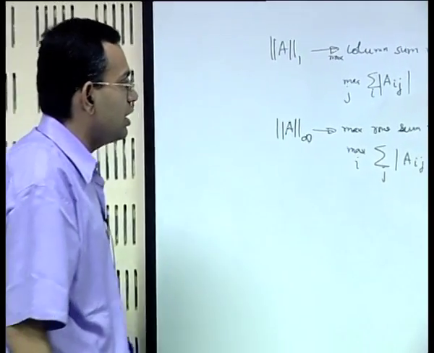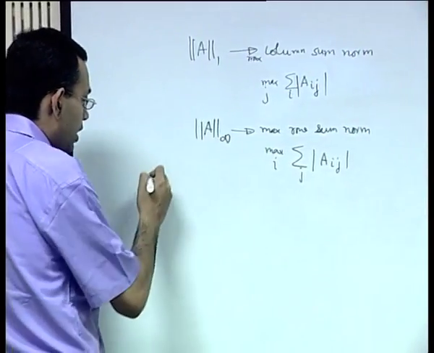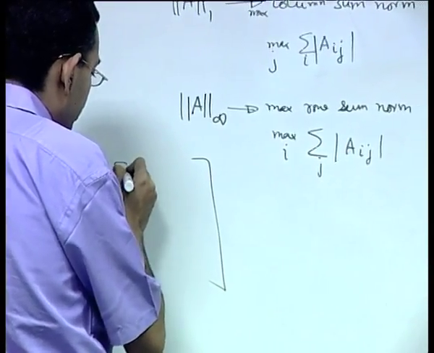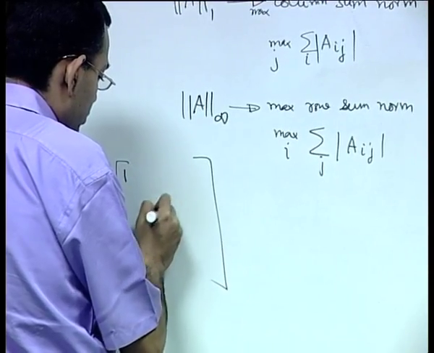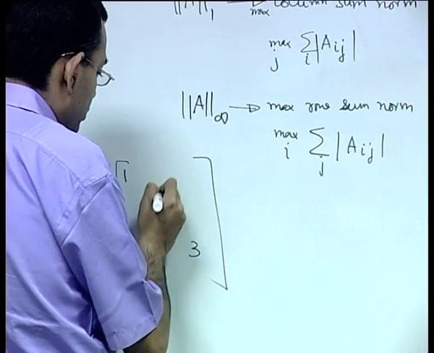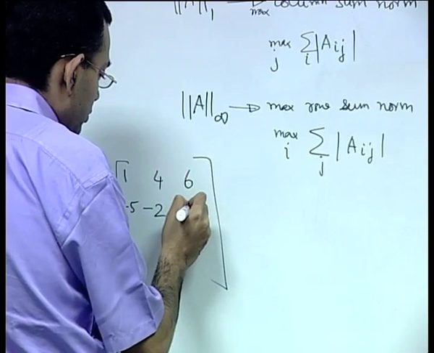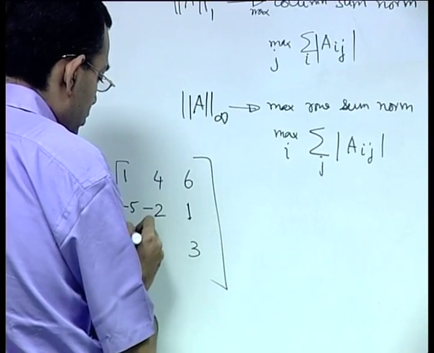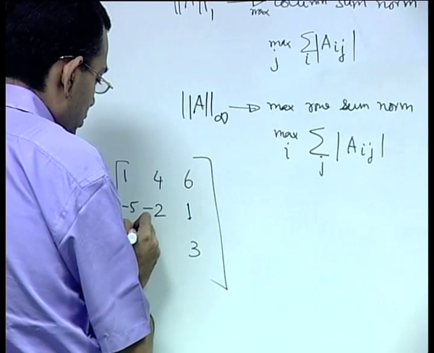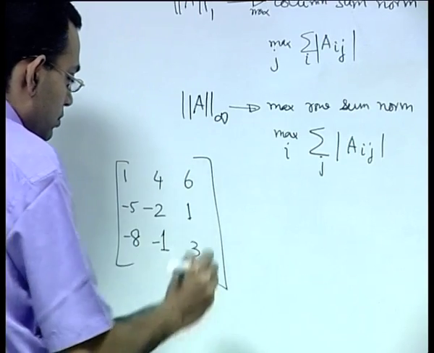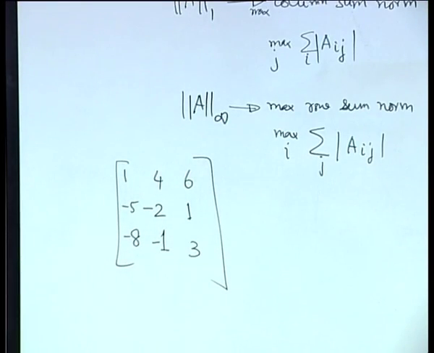So, let us consider a numerical example. Let us say we have a matrix like this.